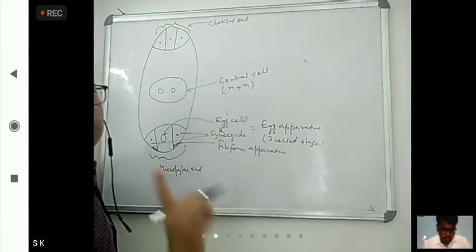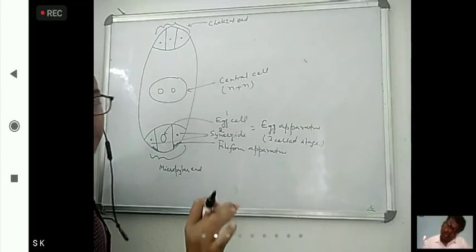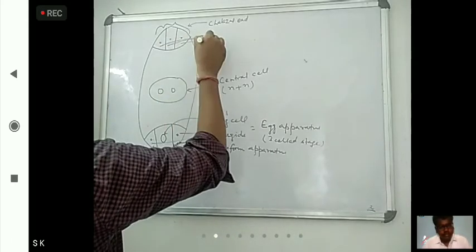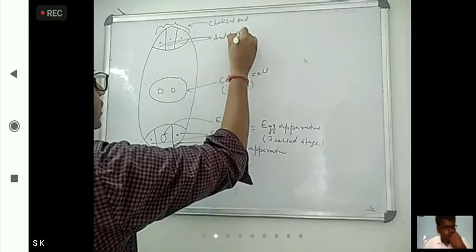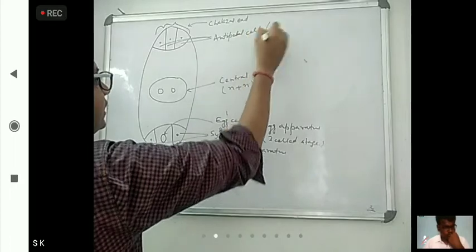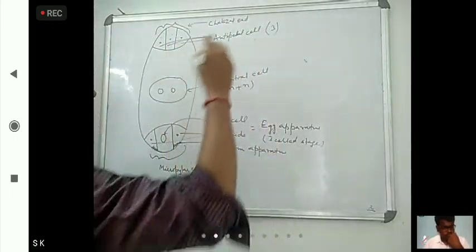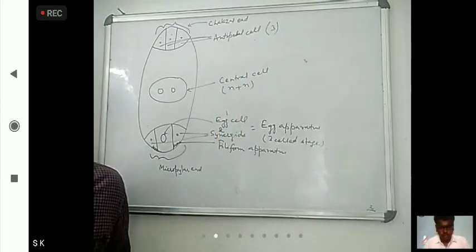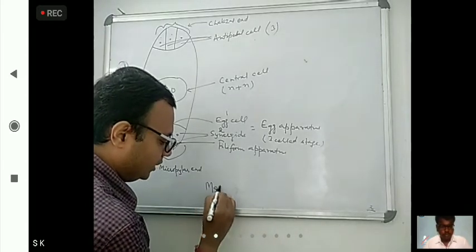It is not 2n, these two n plus n exist. Next, these are antipodal cells. How many? 1, 2, 3. So 3 antipodal cells are there.